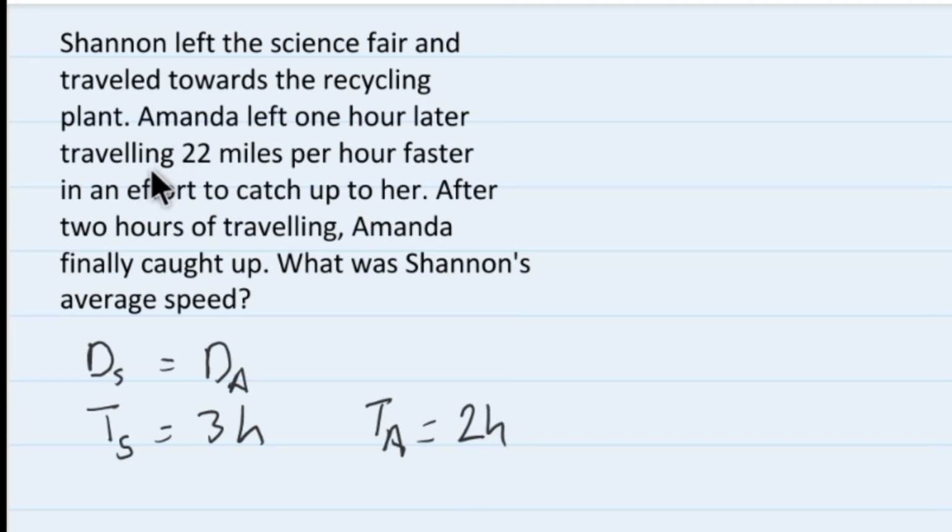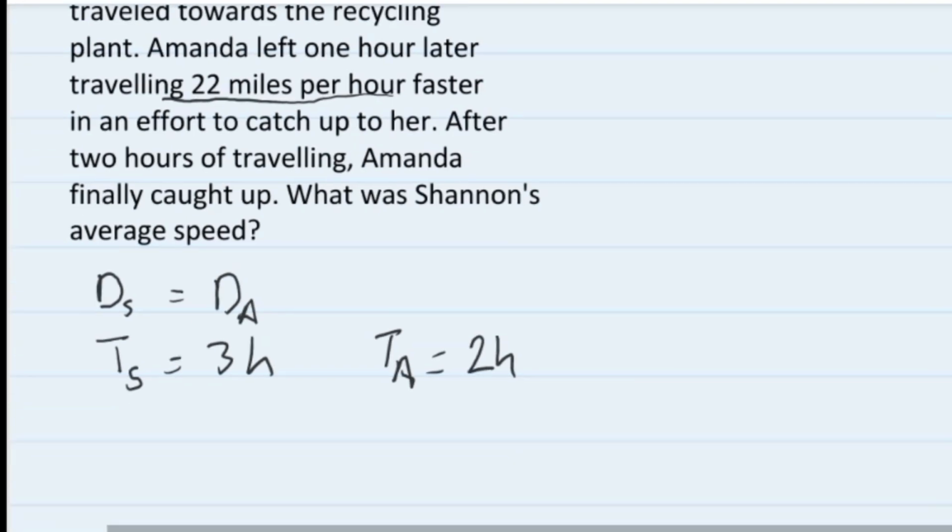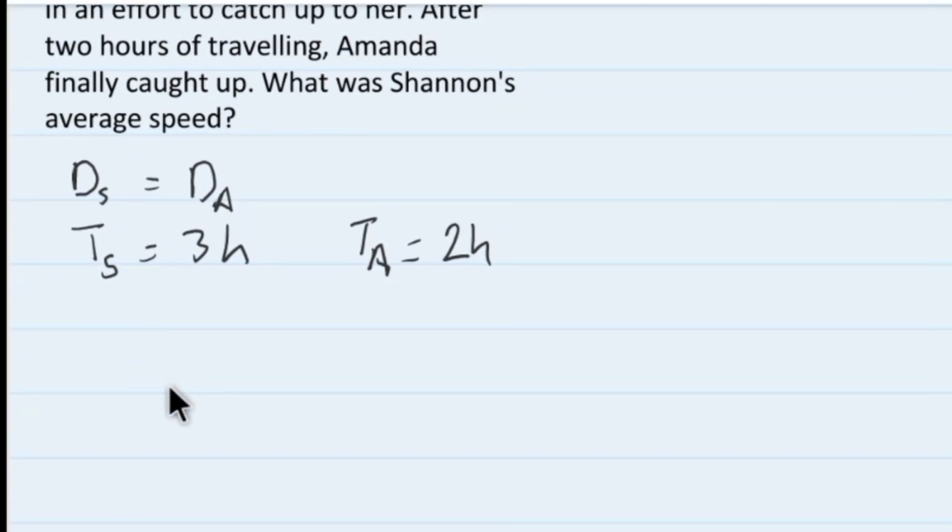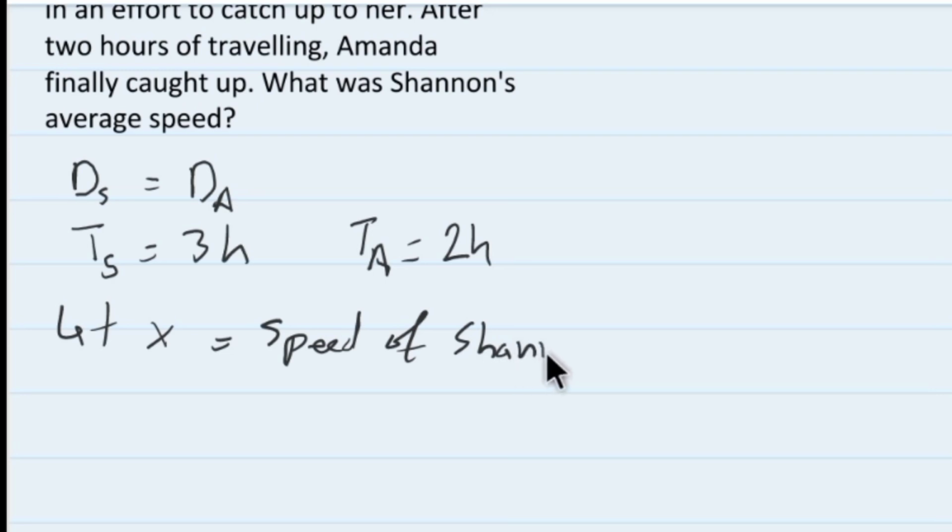Amanda was traveling at 22 miles per hour faster. So let x be the speed of Shannon, then the speed of Amanda is x plus 22.